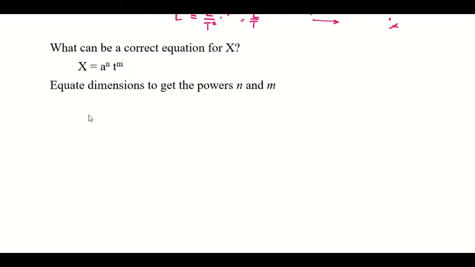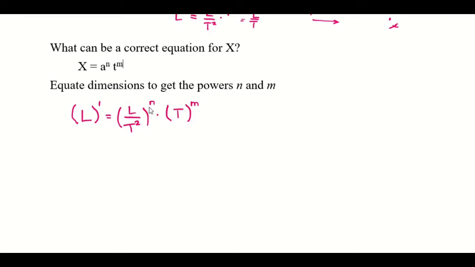So we use dimensional analysis, and we say the dimension on the left-hand side, x, is a distance, and acceleration is distance over time squared. So it's L over t squared to the power n, and t is a time to the power m. And well, we can write this to the power 1.